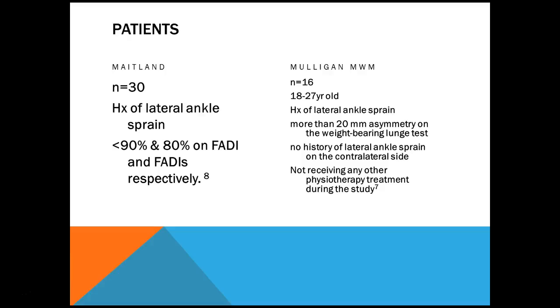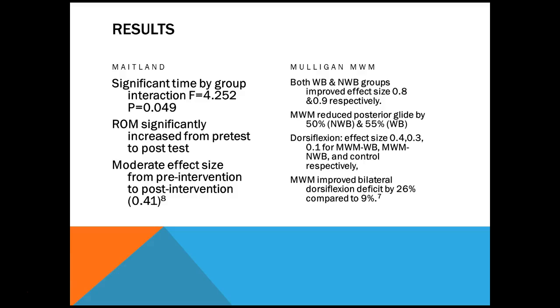The Mulligan's mobilization with movement looked at also tibial translations, and you can see the respective inclusion criteria here for that. So the results, pre-test, post-test was significant in the Maitland.